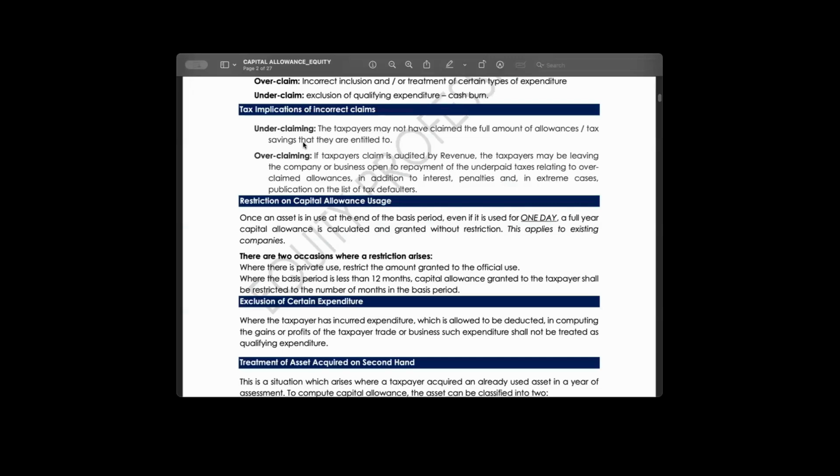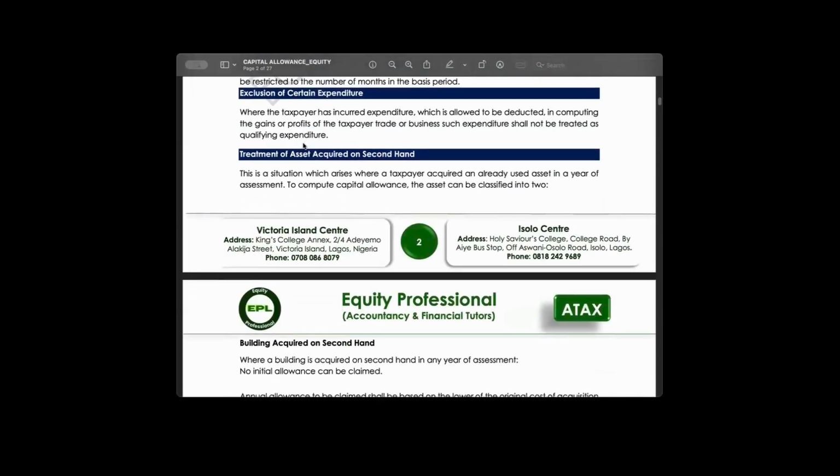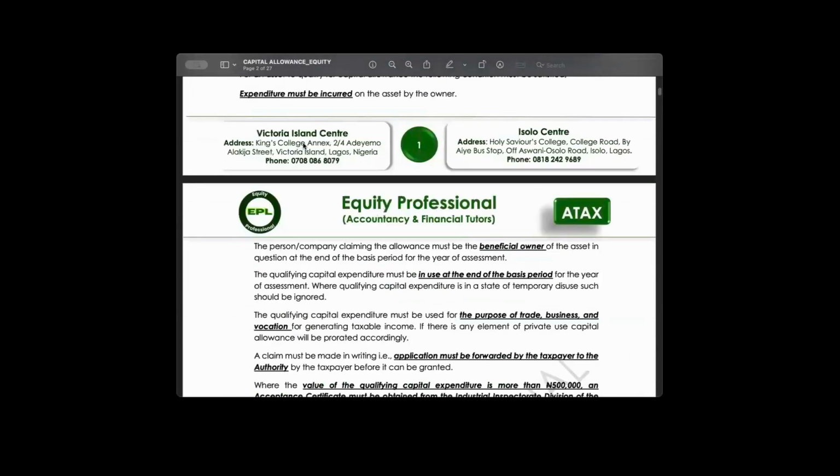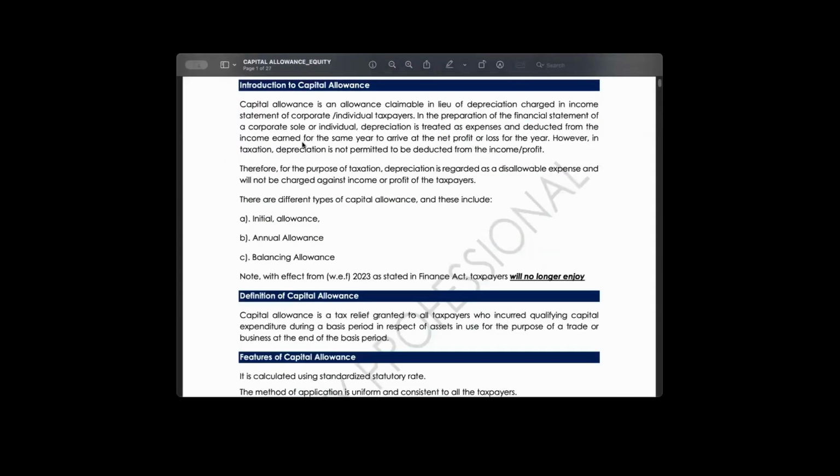So when you're calculating your annual allowance, that will be prorated. That's number one. Number two is if there is any private portion that has been ascertained by the tax authority, that private portion will be removed. So it's going to be restricted, you're taking it out. Anything that you are using must be for the purpose of the business. So that is that.